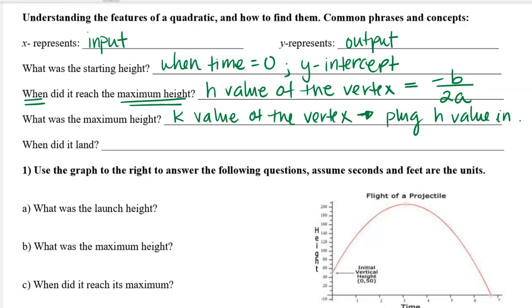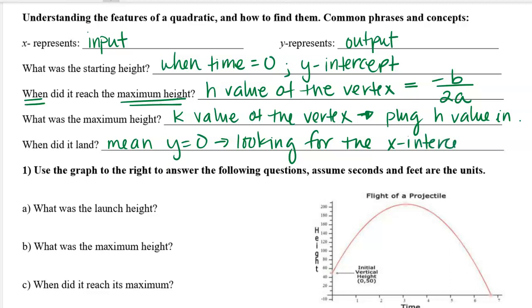Where's the Y value? It's on the ground, right? Y is on the ground. It's 0. You are correct. When did it land means Y equals 0. So this means you're looking for the x-intercept, just like what Brad said. Okay, good job.